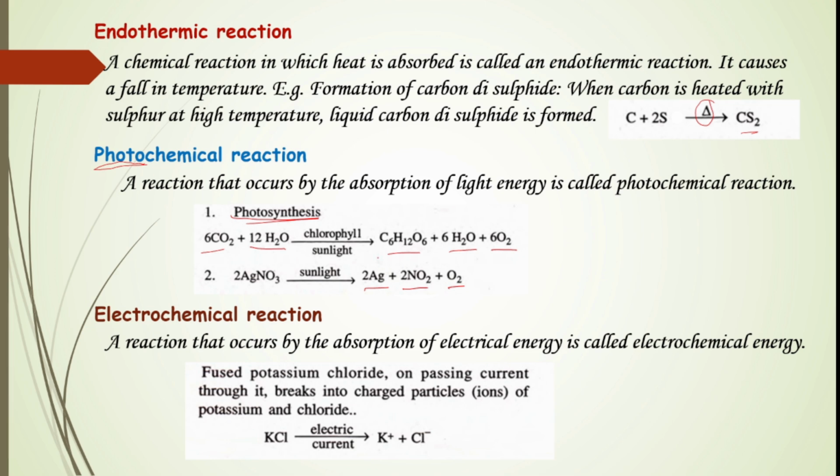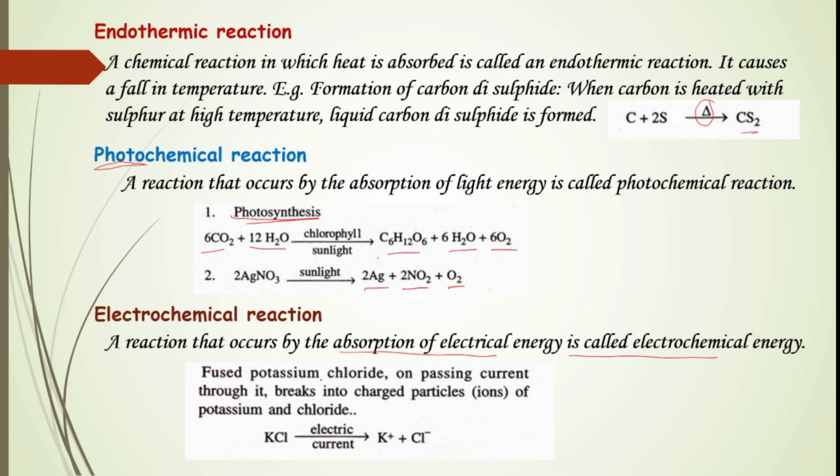Then we have the electrochemical reaction. Electrochemical means we have to give energy in the form of electricity. So a reaction that occurs by the absorption of electrical energy is called an electrochemical reaction.